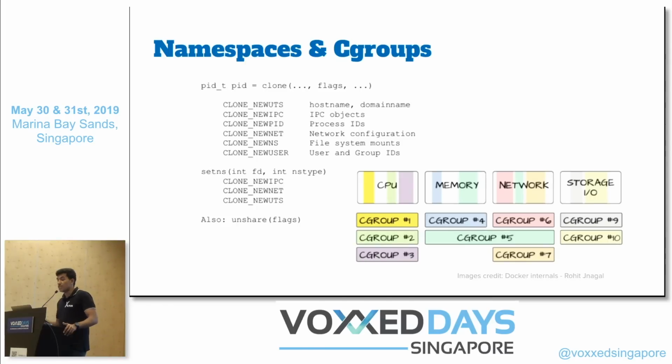In cgroups, each subsystem, which are memory, CPU, block IO, and network IO, forms a tree structure, or a hierarchy of nodes. Each process belongs to one node and one node only in each hierarchy.